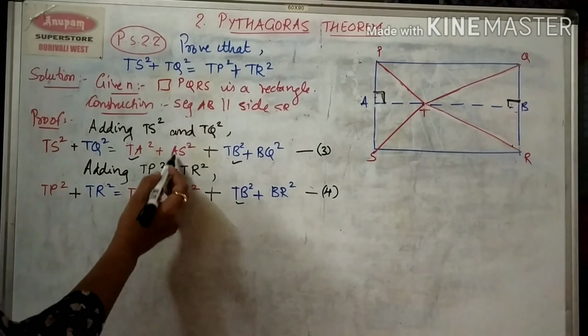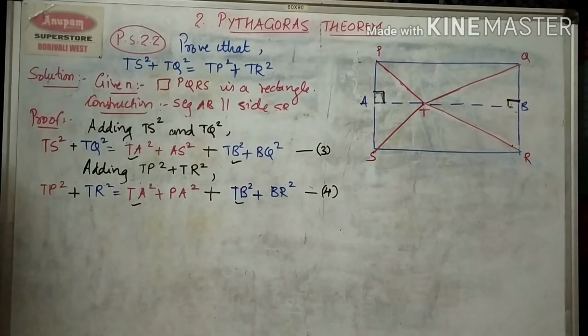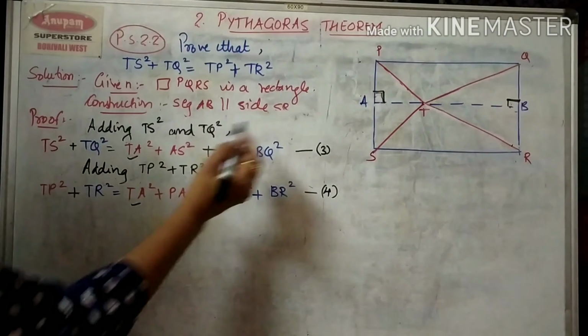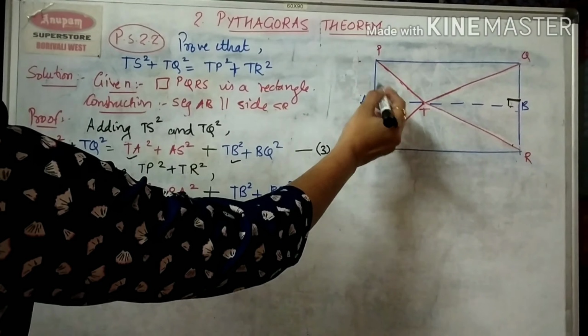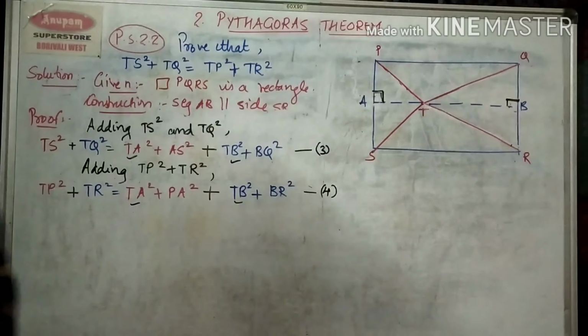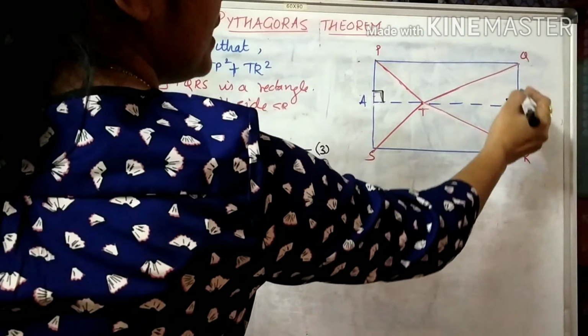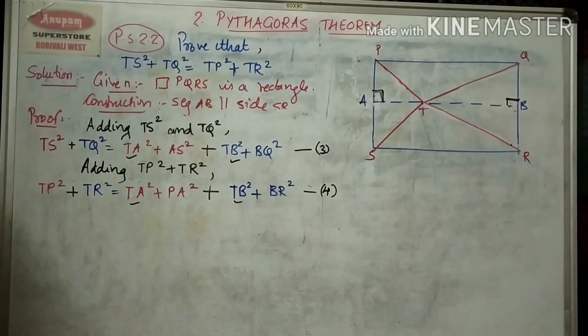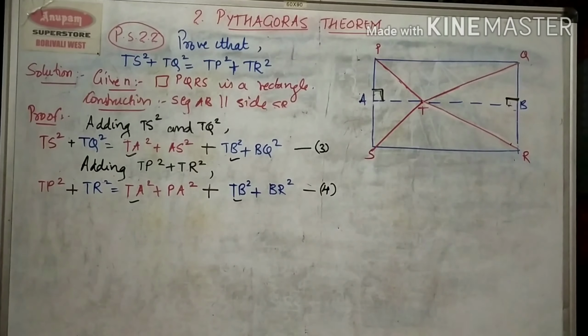Now, what about this AS and PA? Children, if we check AS and PA, we have told in the beginning only that these two are equal because these are the distances. Yes, this AS is equal to PA. Okay, and also BQ is equal to BR. So now let us check what about this AS and PA.